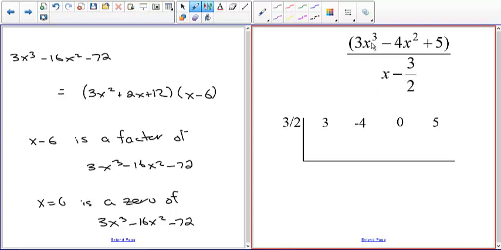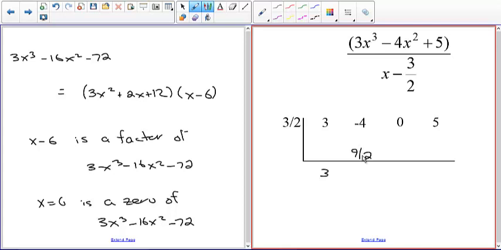That's that. We got an x cubed term, an x squared term, no x term, and a constant term. Bring the 3 down. 3/2 times 3 is going to be 9/2. Negative 4 is negative 8/2.